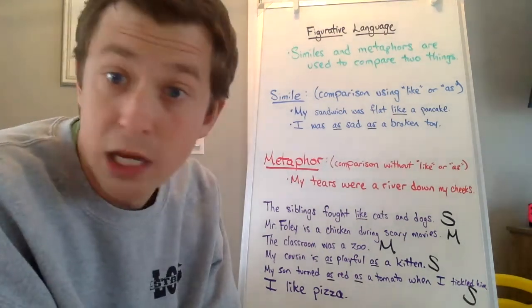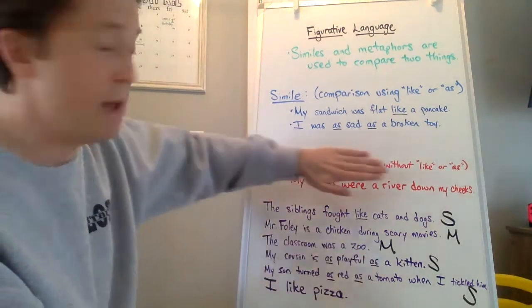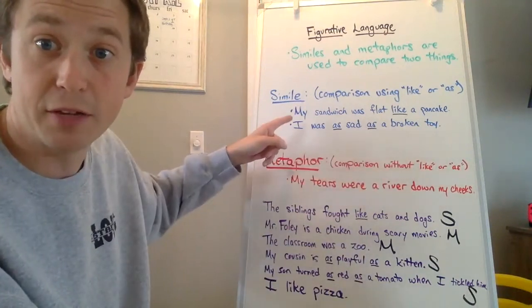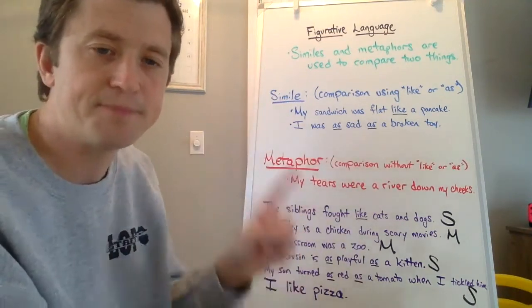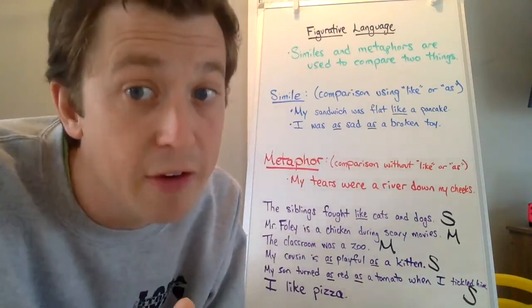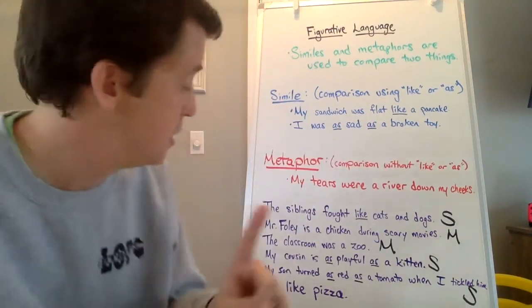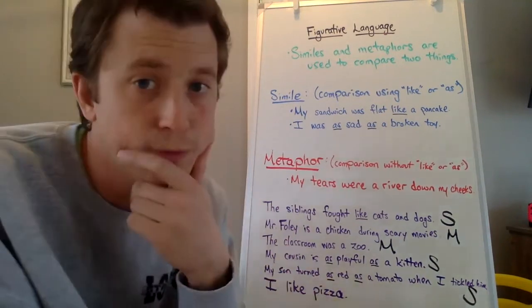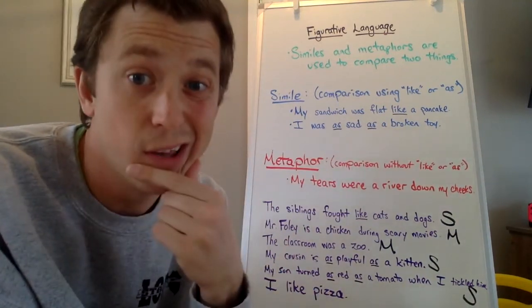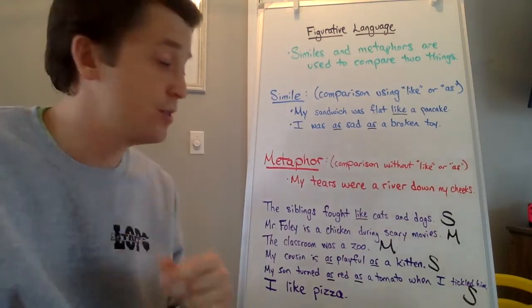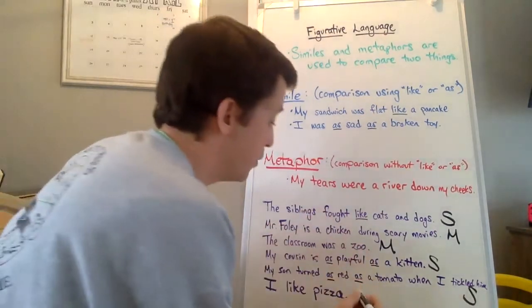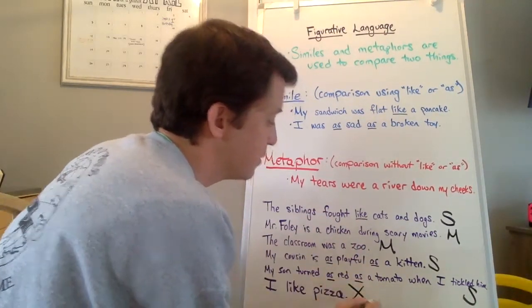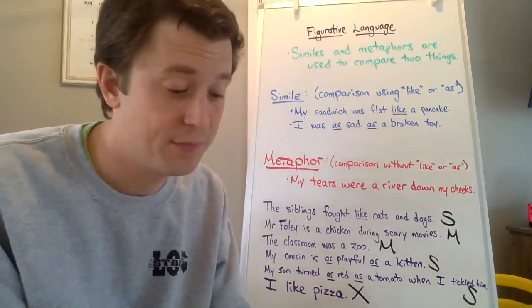I see the word like, so that rules out metaphor, but it leaves us with simile, right? But now let's take a look at it. Is it comparing anything? I like pizza. Well, no, it's not comparing anything, is it? So this one, I guess we could say, is neither.